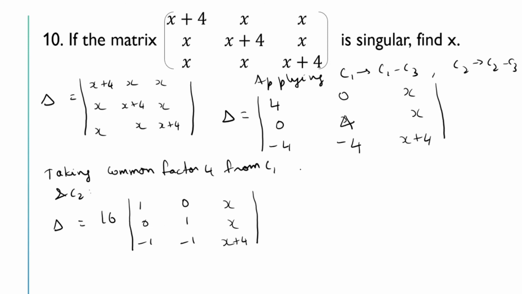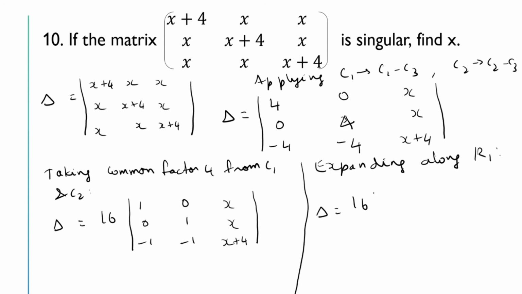Now we can expand along R1. Expanding along R1, we get delta equal to 16 into (x plus 4 plus x) minus 0 plus (-1) into (0 minus x)... so this is equal to 16 into (3x plus 4).